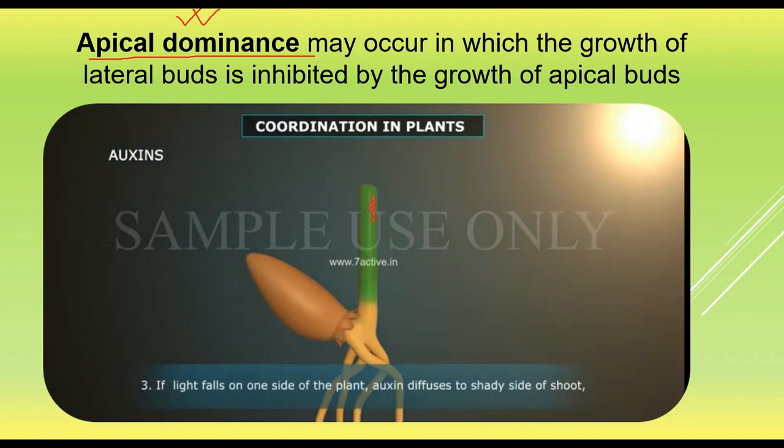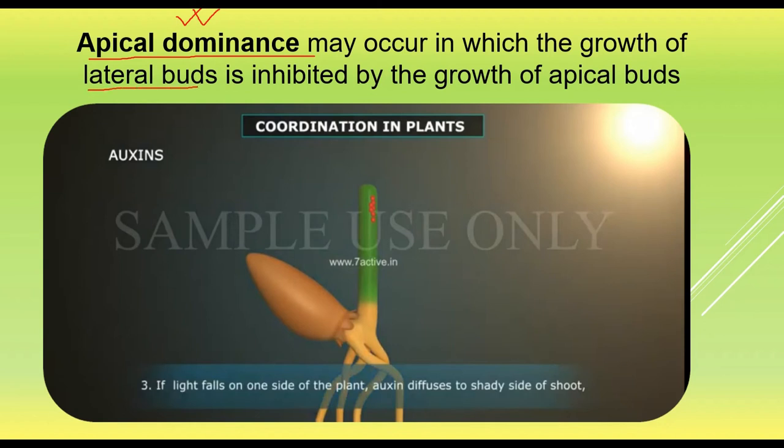What does it mean? The apical bud contains the apical meristem. In the apical bud, the concentration of auxin increases, thus increasing the rate of cell division of the apical meristem and helping in stem elongation and increase in height.